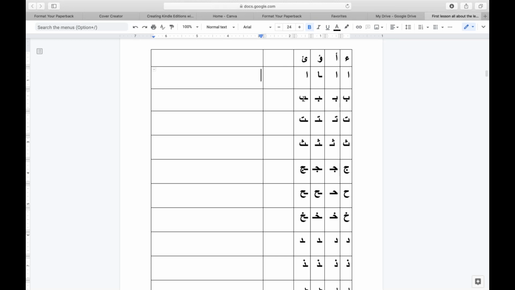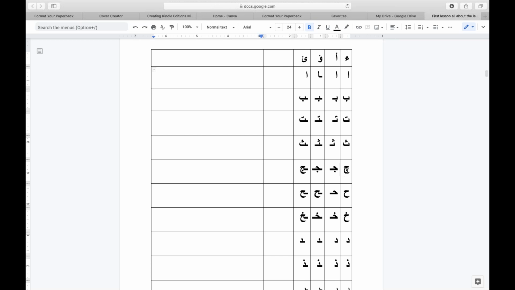Okay? Ta, like Ba, takes four different shapes: isolated, in the beginning, in the middle, at the end. Tha takes three different shapes: isolated, at the beginning, in the middle, at the end. Jim comes in four different shapes.